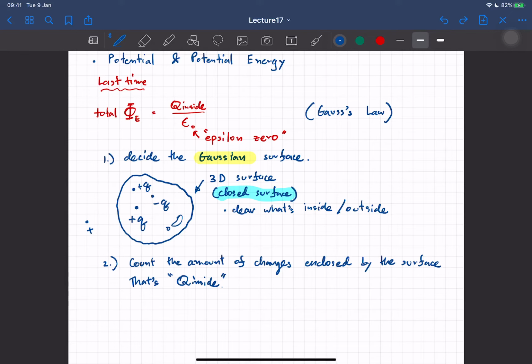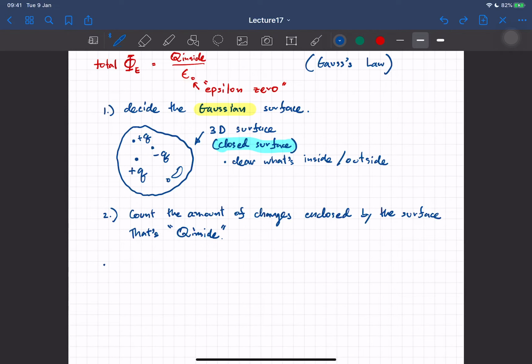All right, so once we have that, then we just say Gauss's law, which is the total flux. So I can write, it's probably better if I write it this way: electric flux total is equal to just q inside divided by epsilon 0, right?